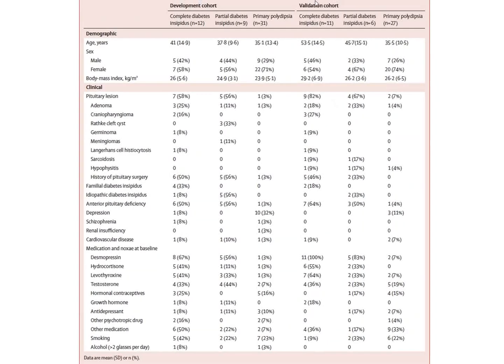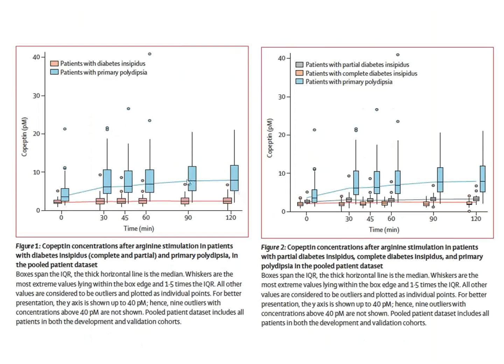The developmental cohort and the validation cohort had pituitary lesions in these patients, which might cause diabetes insipidus, and some of these patients had psychogenic water drinking, etc. And the idea here is to see if the patients have an increase in copeptin with infusion of arginine.